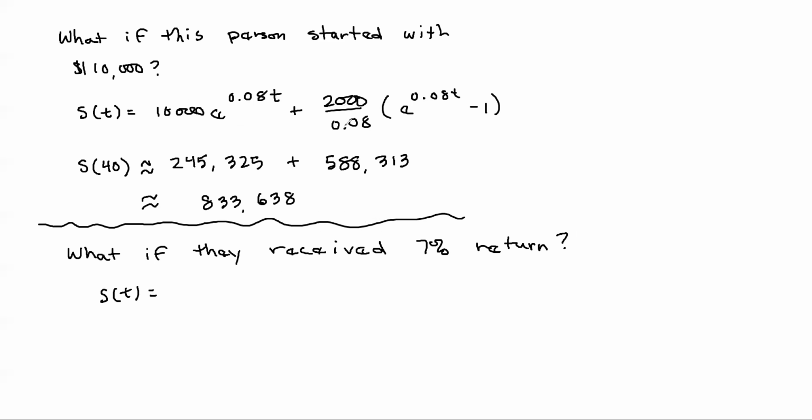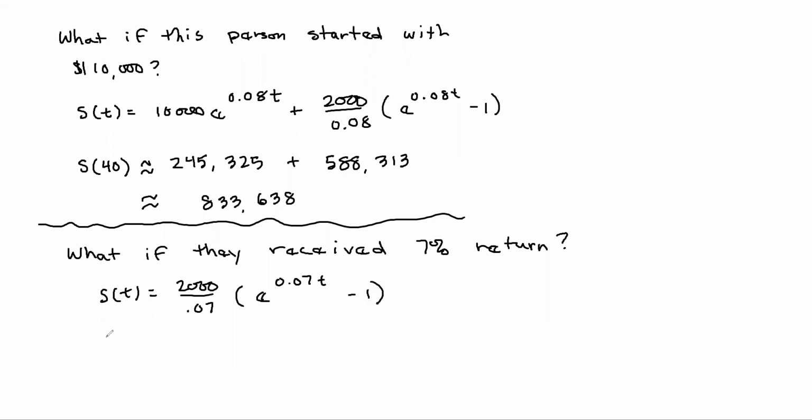Instead of having $2,000 over 0.08, we'll have 2,000 over 0.07, and we'll have e to the 0.07 t minus 1.